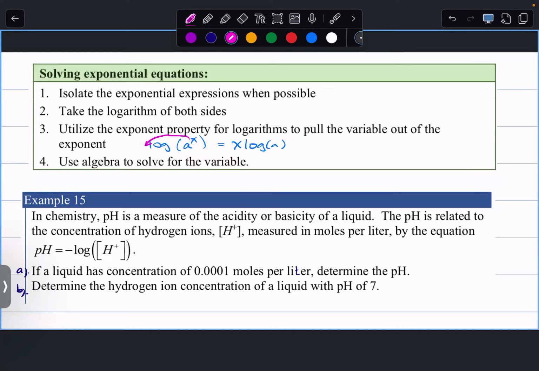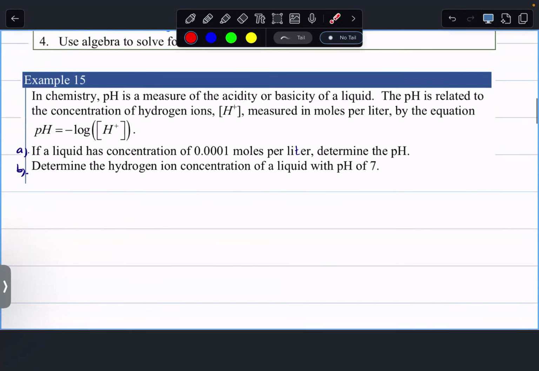I call it the moneymaker, because that's how we're going to shake out an x that's in the exponent. Then you use algebra, moving things around until you've solved for x. I left you with some examples, but we'll use them for review.